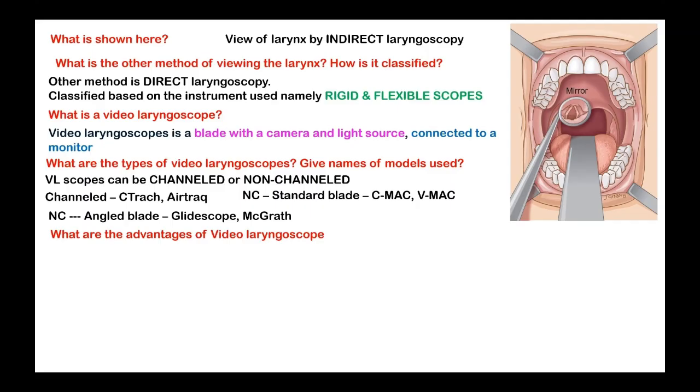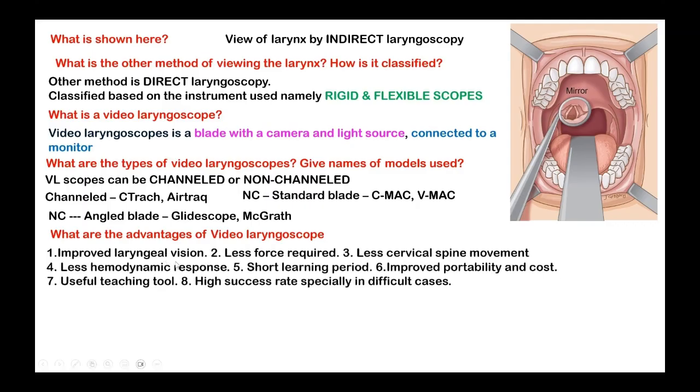It's not required. You can keep the head and neck in any position. Improved laryngeal vision, less force required, less cervical spine movement, less hemodynamic response, short learning period, improved portability and cost, useful teaching tool, high success rate, especially in difficult cases. These are all the advantages.